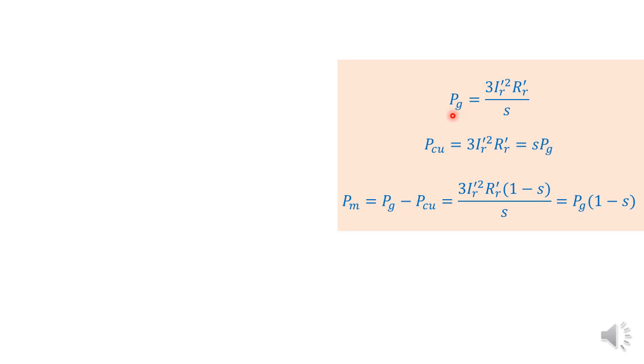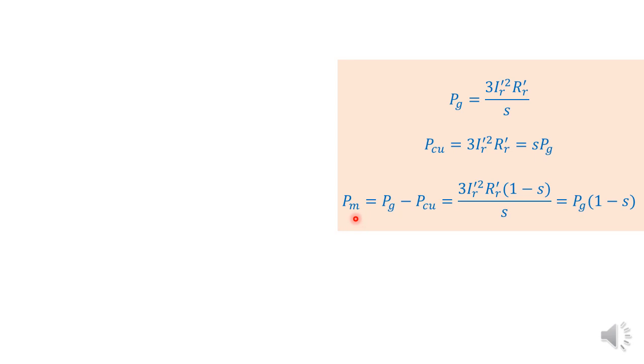Pg is the air gap power, which is given by 3 into IR dash square RR dash by S, and rotor copper loss PCU is equal to 3 into IR dash square RR dash, which is equal to S Pg. PCU is represented in terms of S Pg because in the numerator this term is common, so you can write it as S Pg.